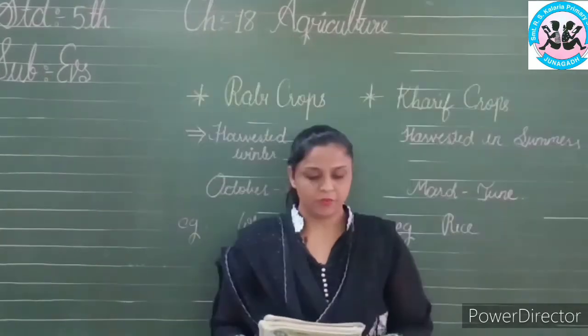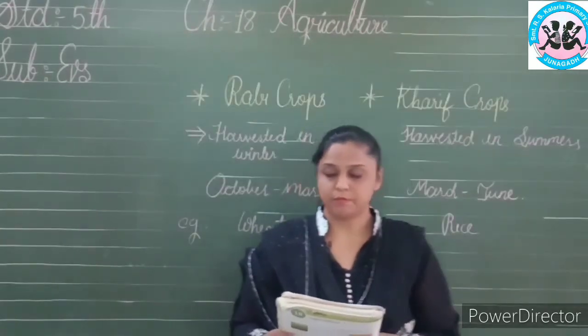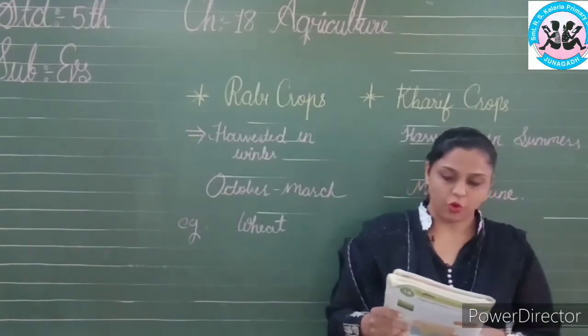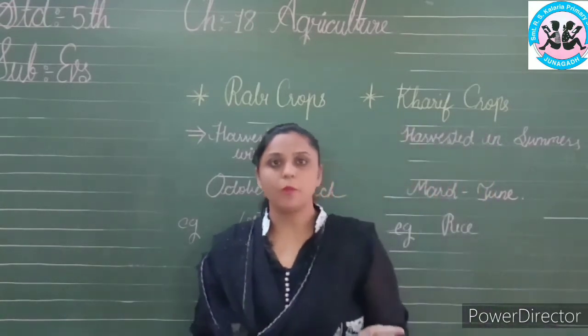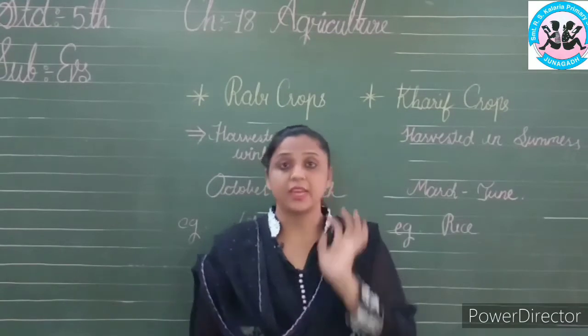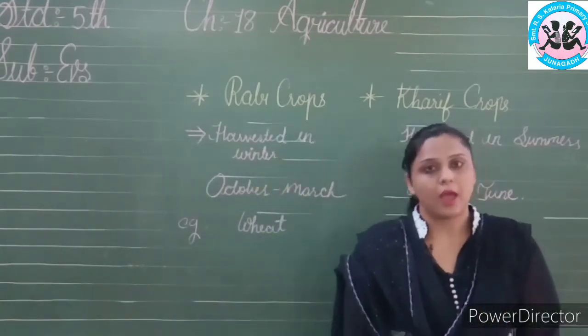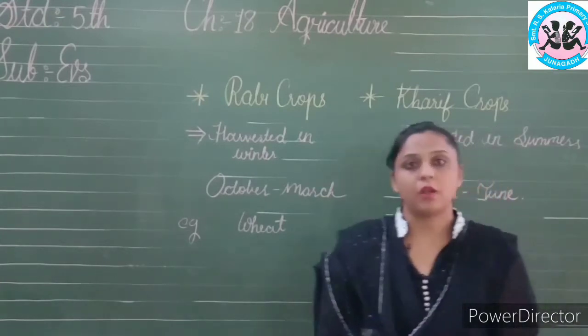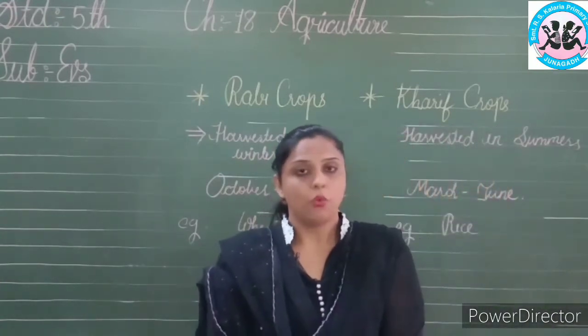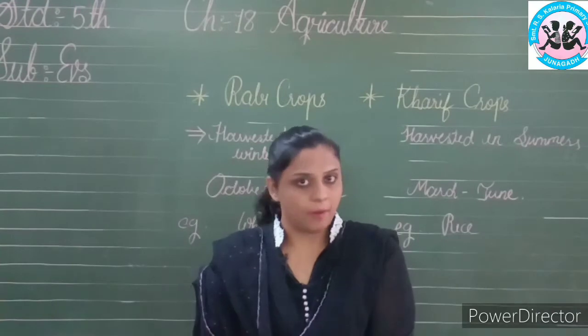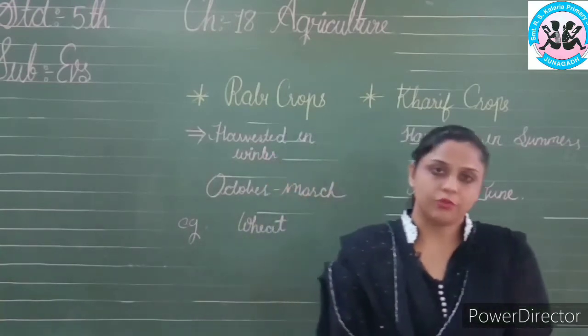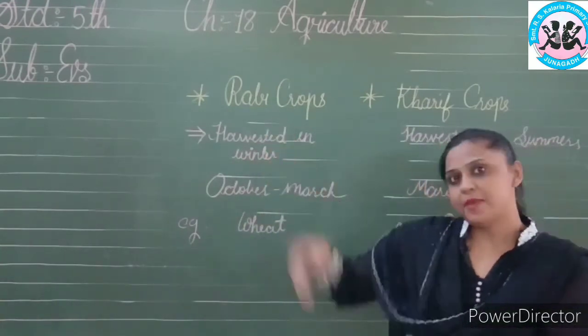Okay. Indian farmers grow mostly two major types of crops, rabi crop and kharif crop. Now you will have a question, what is the meaning of rabi and kharif crops? So first of all, let us see rabi crop.